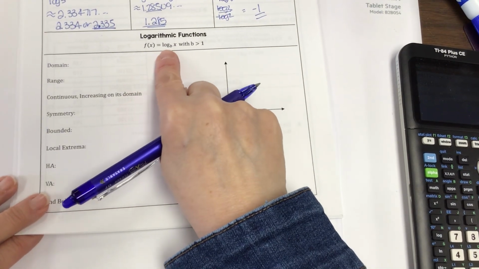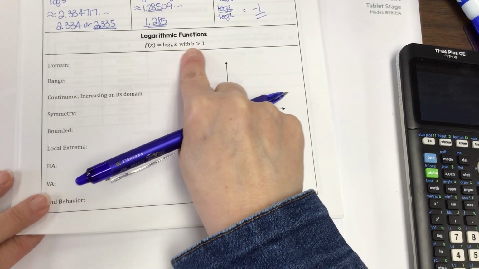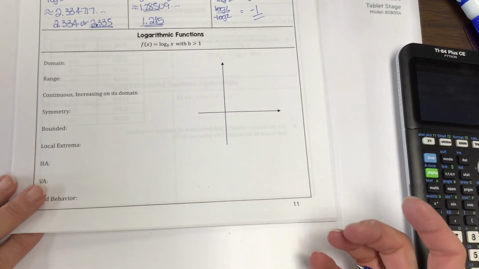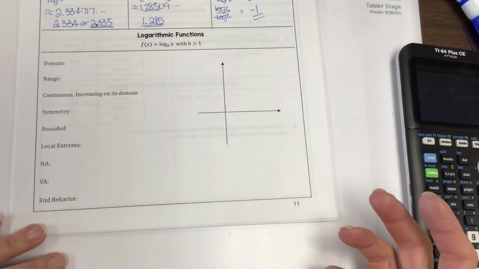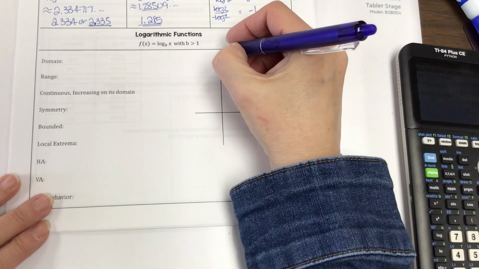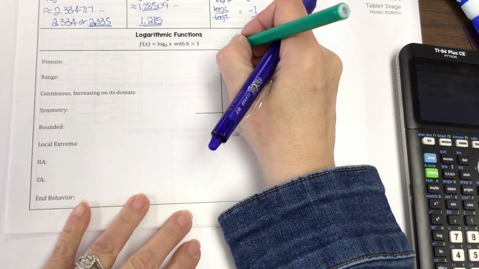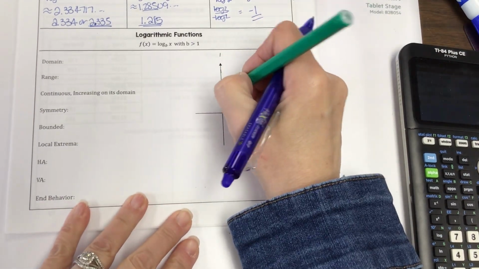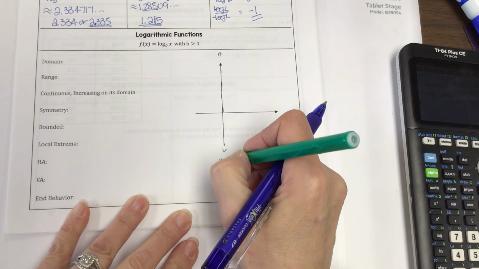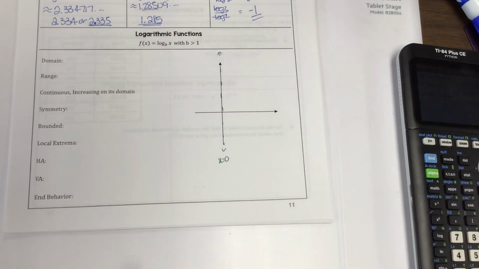Okay. Here it says f of x equals log base b of x with b greater than 1. So we've already graphed these, haven't we? With a base of 10 and a base of e. Yes? The key is you're going to have a vertical asymptote unless it has been translated. Your vertical asymptote is going to be at x equals 0.